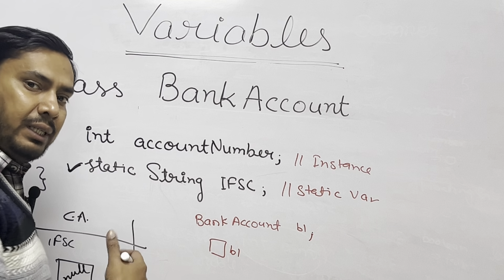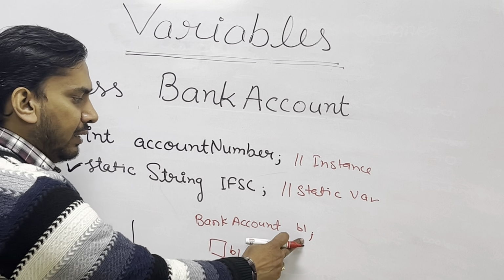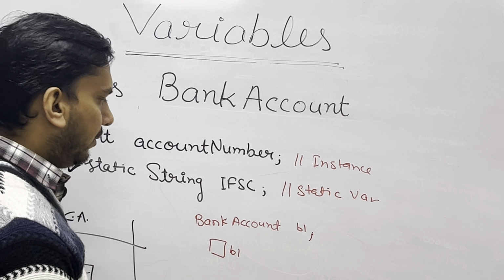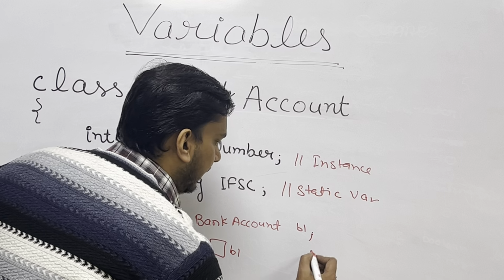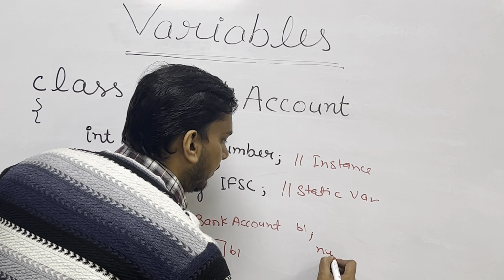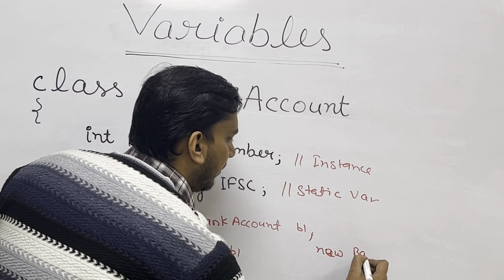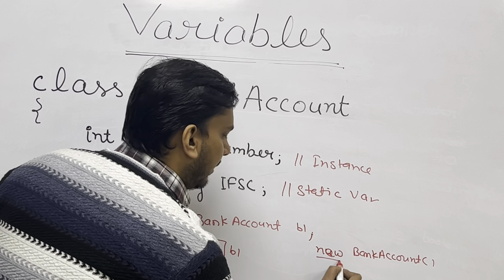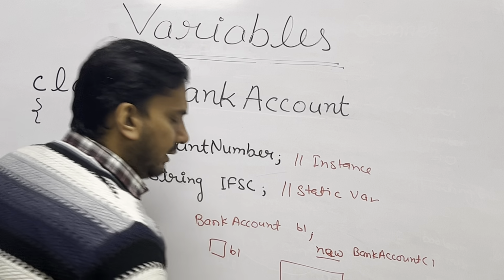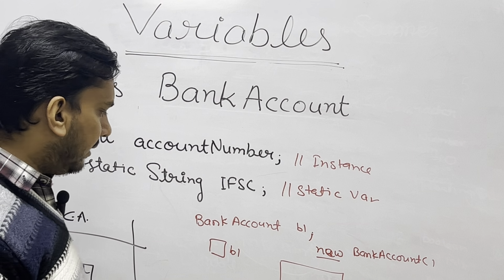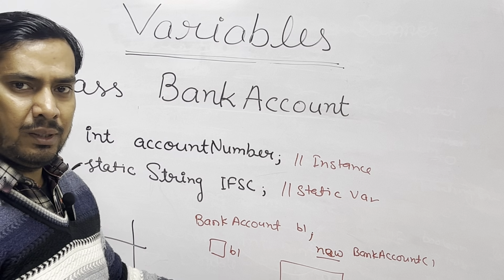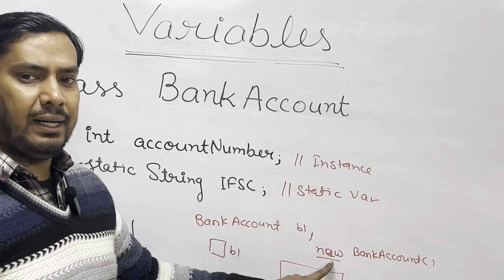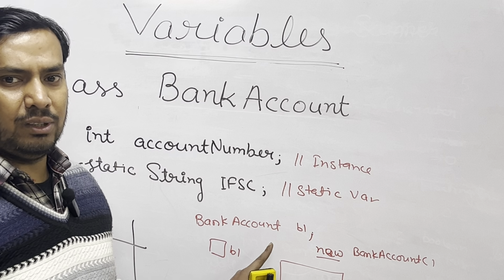Then I have to create the object. This is not an object, this is a reference variable. How do you create the object? You create the object with this statement, new BankAccount. The new keyword will allocate the memory, which means the object will be created in the heap area, and it will return the address of the object that you have created.